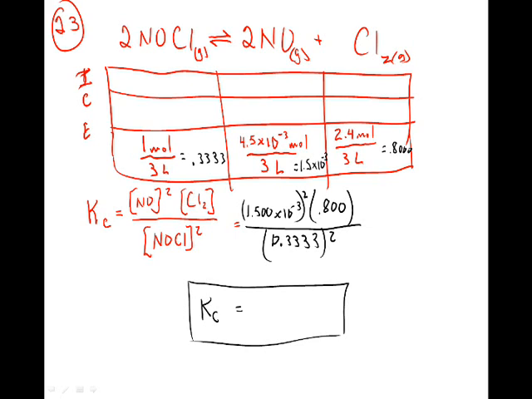And here we were given the moles, and it's in a 3-liter container. So to calculate the molarity, you had to divide the moles by the volume. And that's what goes into the equilibrium expression to calculate Kc. So be sure you calculate that for number 23.